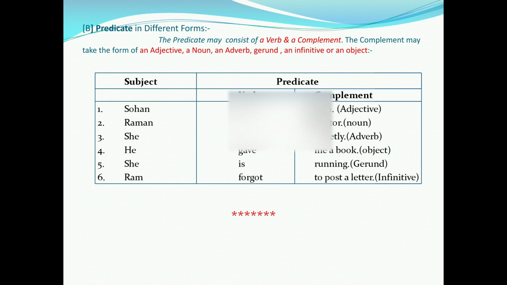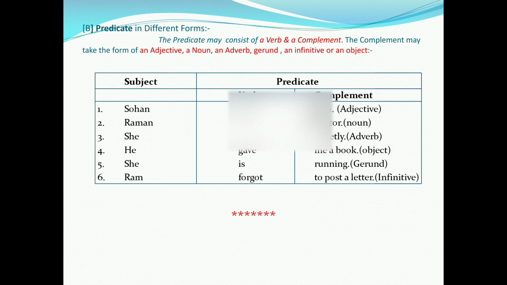He gave me a book. He is subject, gave me a book is a predicate. In the predicate, gave is a verb. The rest of the words are complement. Me a book is an object, therefore it is a part of predicate. She is running. She is subject. Is running is a predicate.